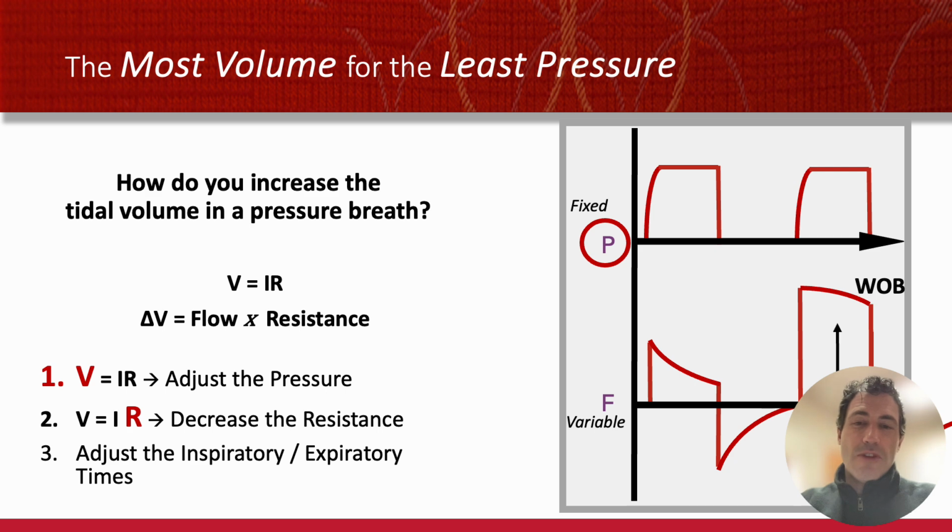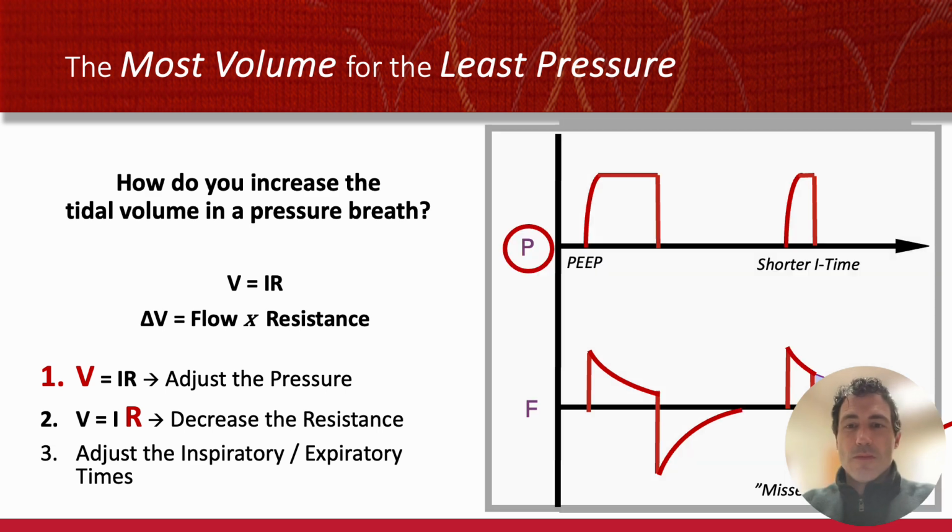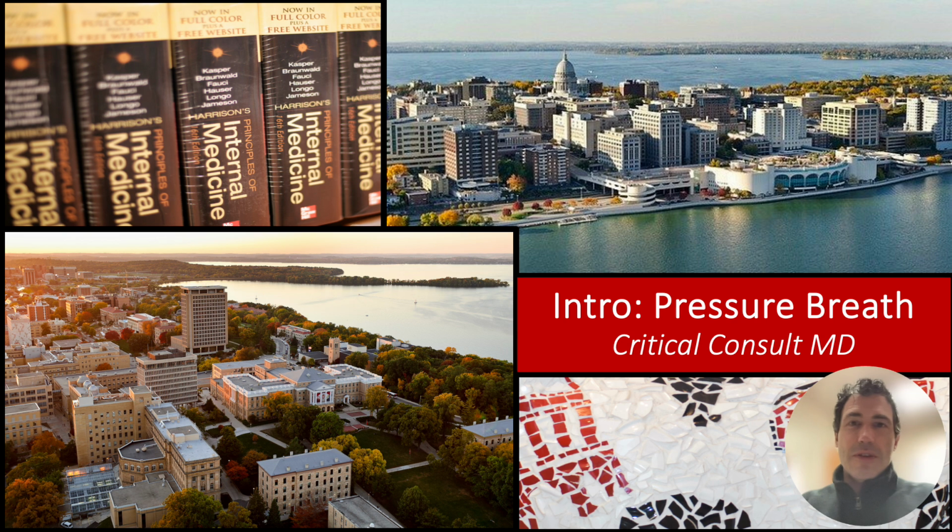So 100% height, 25% height. That's a good amount of time to breathe in while maintaining enough time to breathe out. When we mess with the inspiratory times, we lose out on free tidal volume. Again, don't ever forget that you can get free tidal volume out of that time.